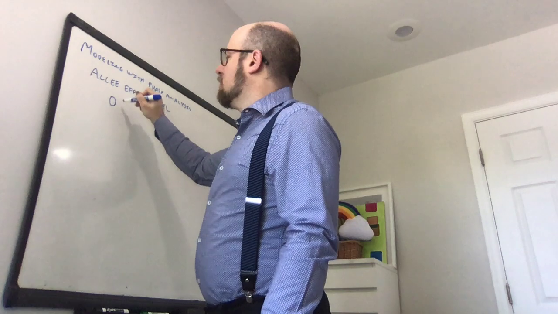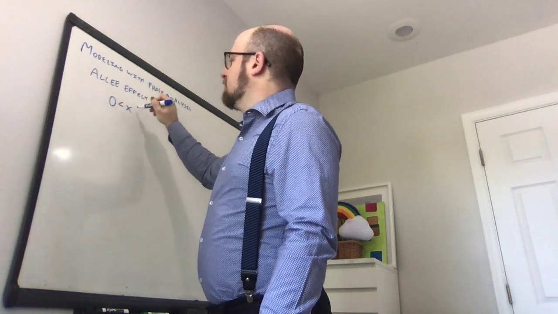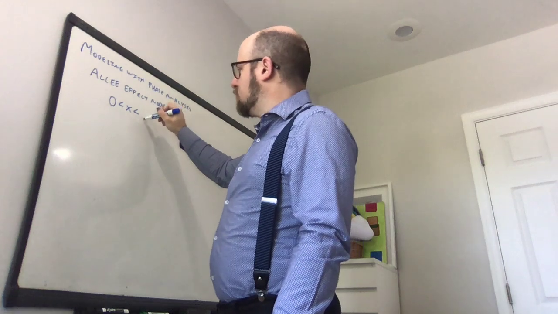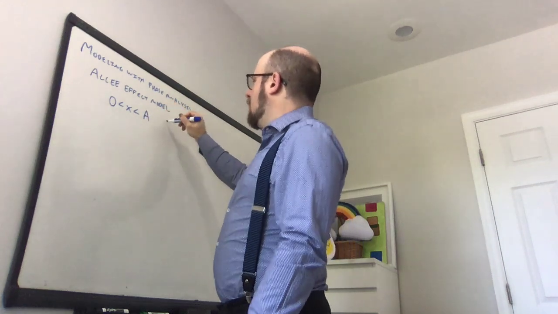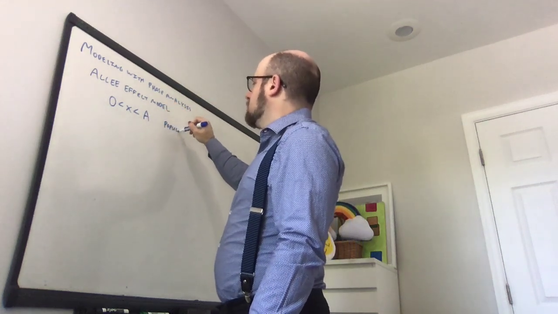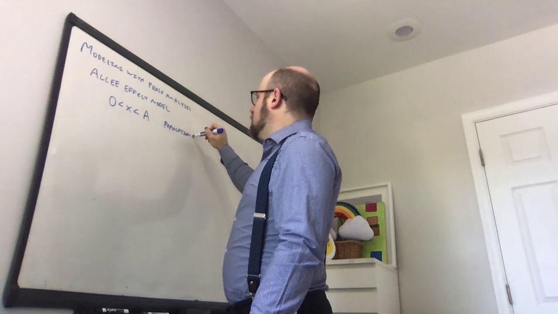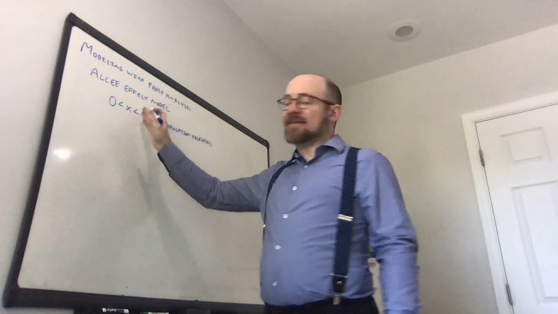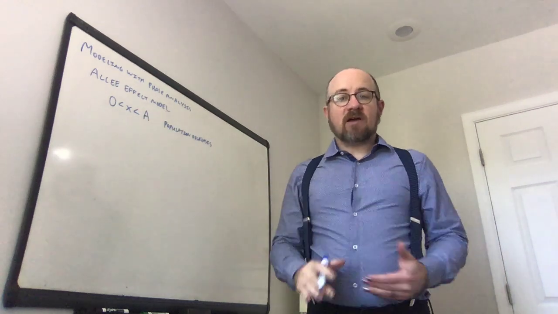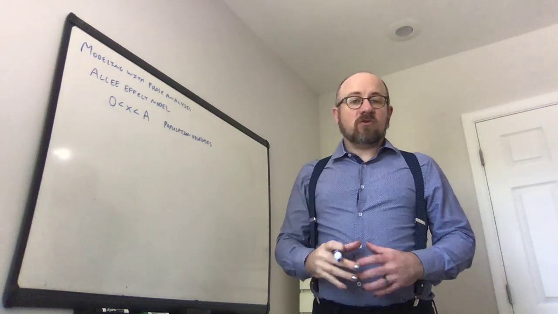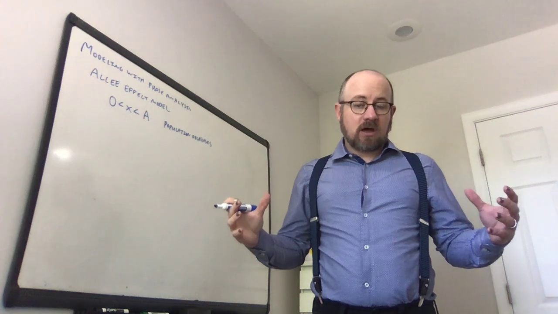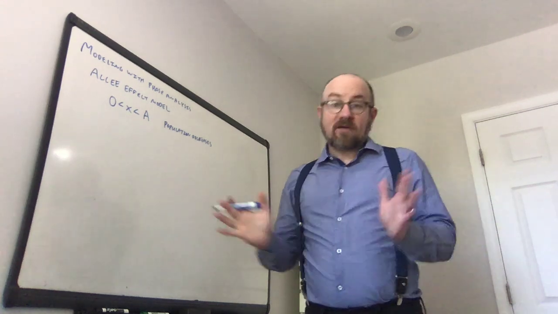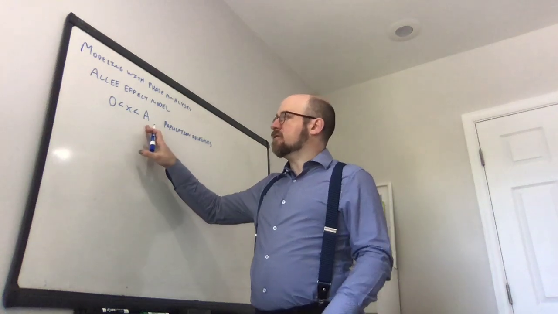So when 0 is less than x is less than some threshold, which we'll call A, the population decreases. Okay, so if you're less than A, you don't have enough animals to genetically reproduce. There's not enough to survive.